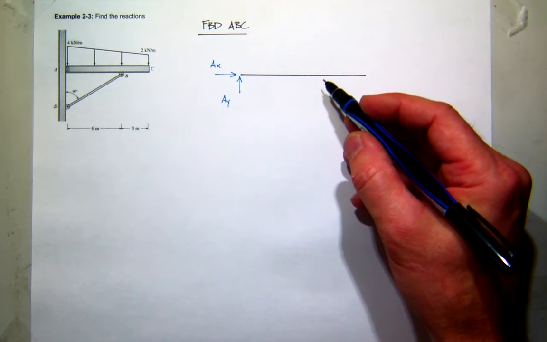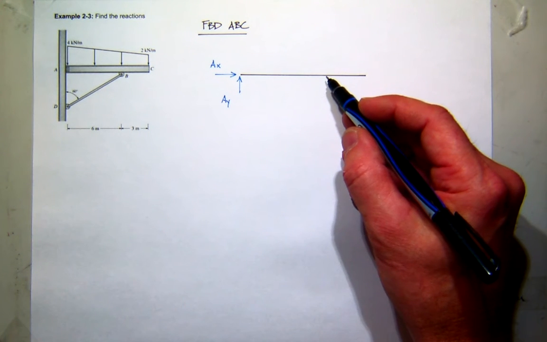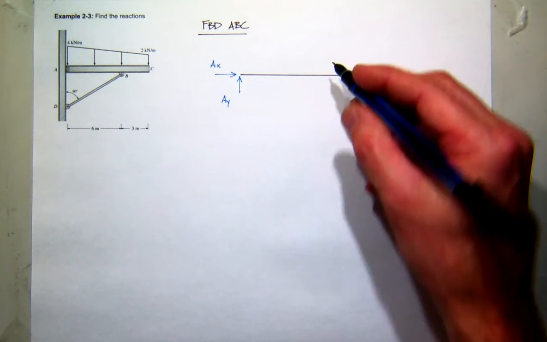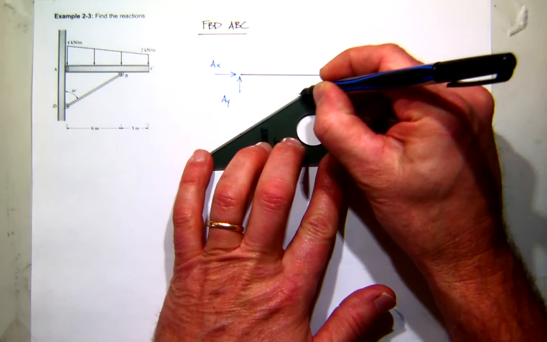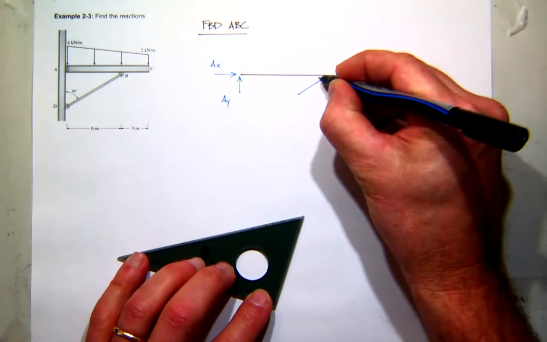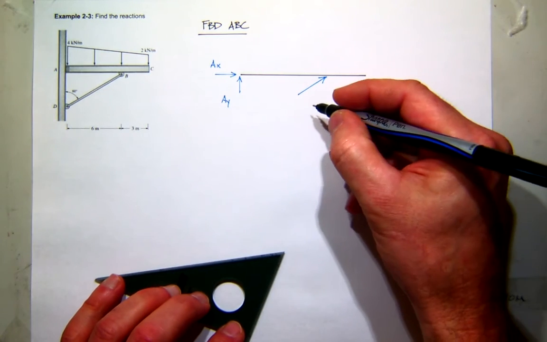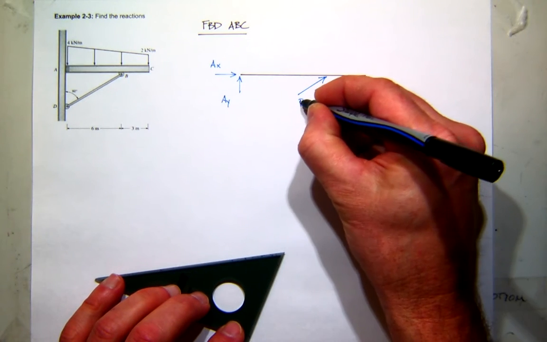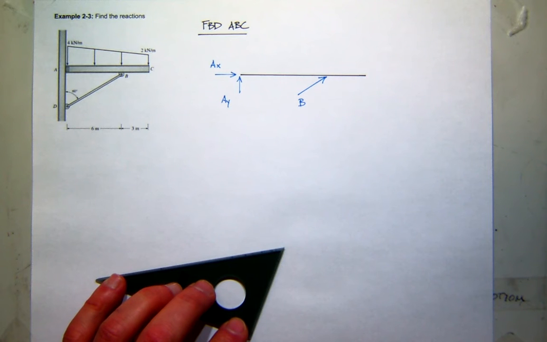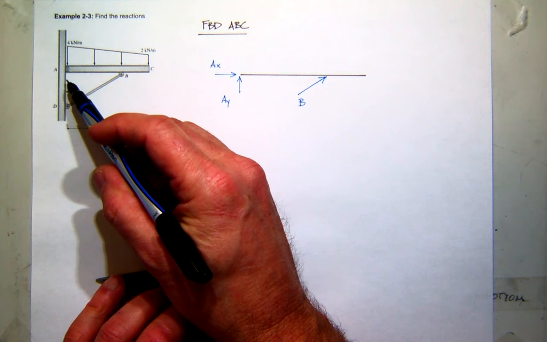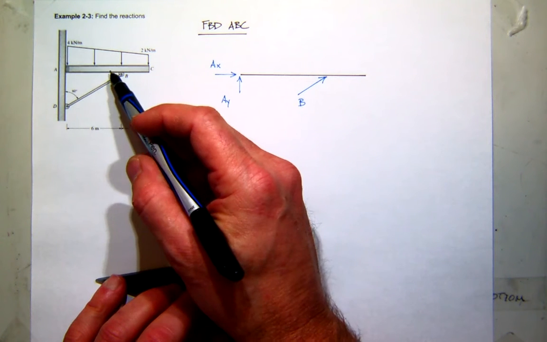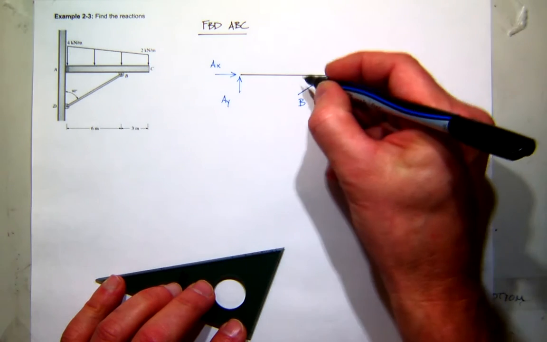And then we'll come over here to B. I'm going to assume that I have a force in the line of action of member DB, and I'll just call that force B. If you look at the drawing, this was 60 degrees, this is 90, so this angle should be 30 degrees.